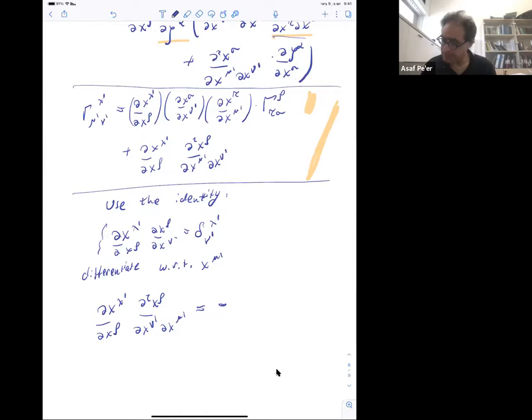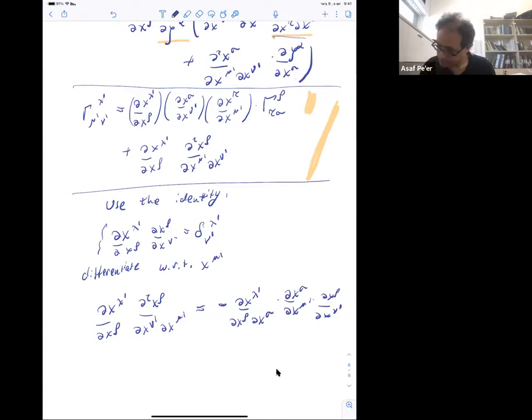Now I take the second term and move it to the right hand side. So now I have to take the differential of dx lambda prime. So dx lambda prime over dx rho dx sigma, and then dx sigma over dx mu prime. And the last term is dx rho over dx mu prime.